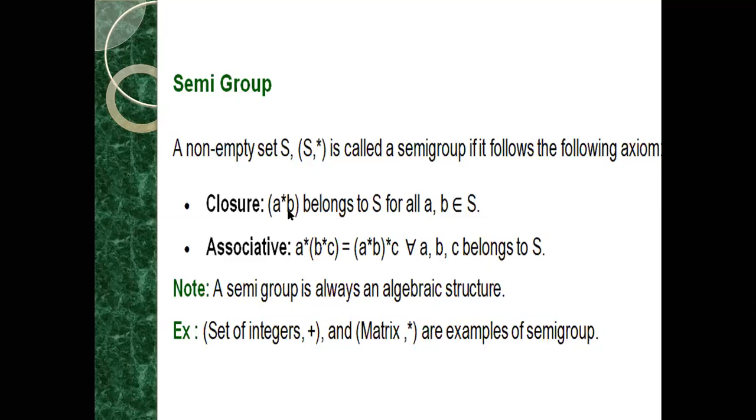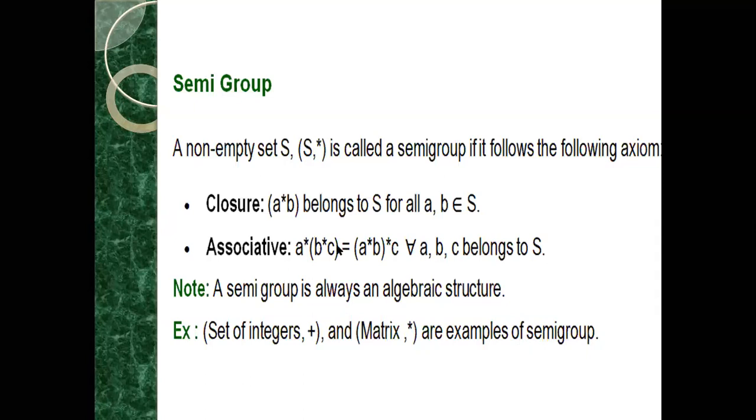We can define the binary operation multiplication: 5 into 3 is 15, and 15 also belongs to the integer set. Or consider the binary operation plus: 5 plus 3 is 8, and 8 also belongs to the integer set Z. So the set of integers closed under the binary operation plus is a semi-group. Similarly, matrices with star, where star represents a binary operation, are all examples of a semi-group.